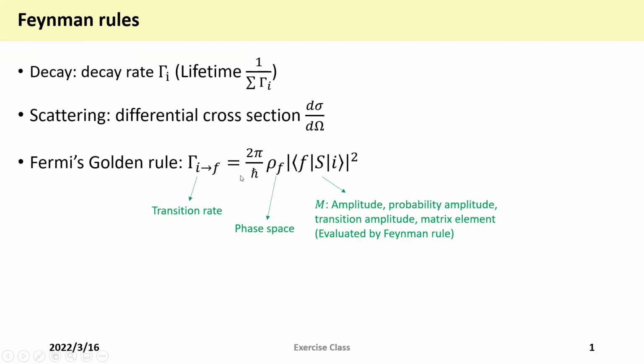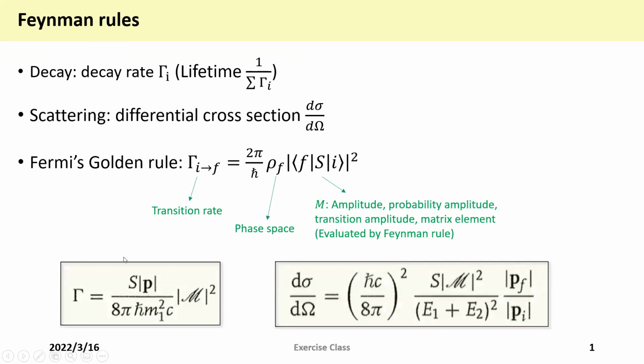You may have seen this in your advanced quantum mechanics course, but here we don't derive it because it's very complicated. So we just use these two expressions, which I copied from extra slides, to find the decay rates and also the differential cross sections. So this is just a recap of what we are doing now.